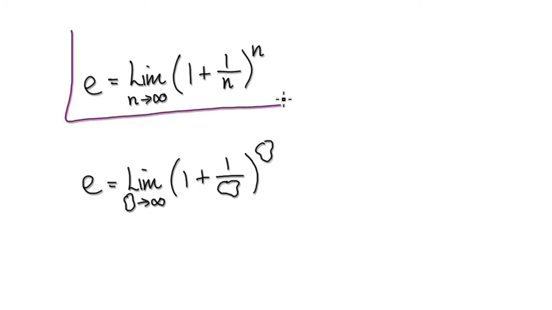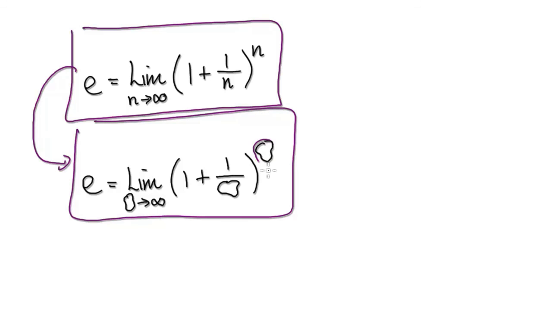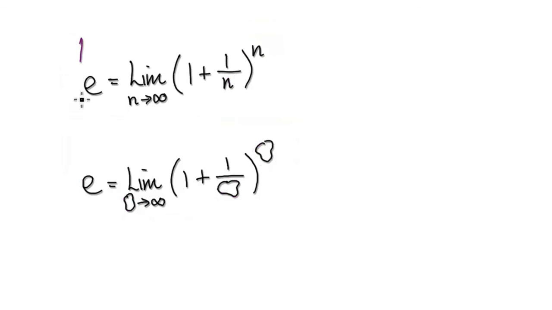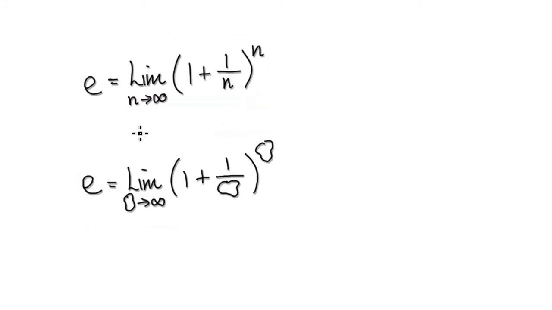We can imagine this as being a bubble and another bubble, and the bubble is getting bigger and bigger. So we can imagine this as being this. Well, this bubble could be anything.